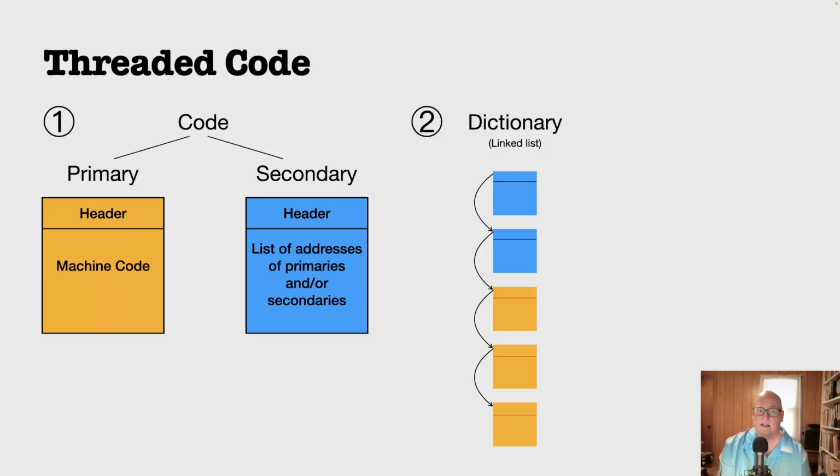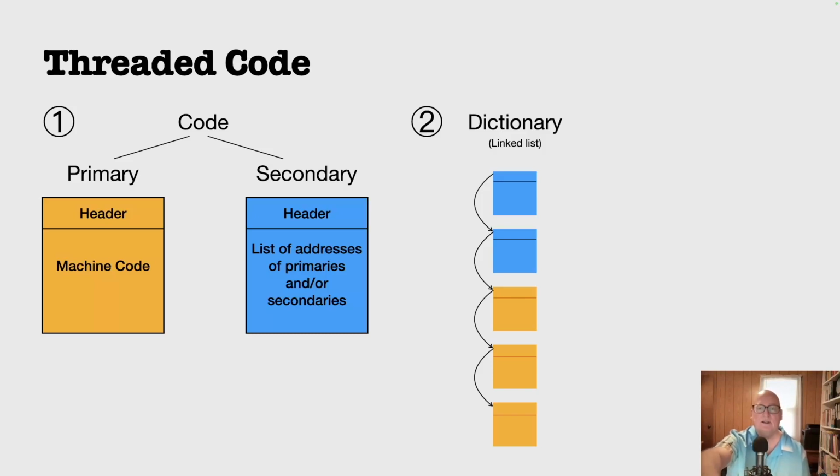The next thing we'll have is a dictionary. Most of the primaries will be in the dictionary, the ones users want to use. The dictionary is organized as a linked list. If you just focus on the yellowy orange ones on the bottom there, that's sort of your initial dictionary of terms. When we're compiling the structure on the left and you make a procedure call, in effect, we have to find that word in the dictionary and plug in a reference to it.